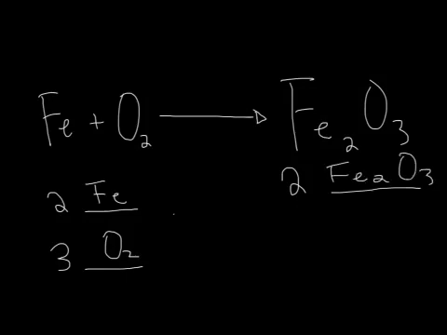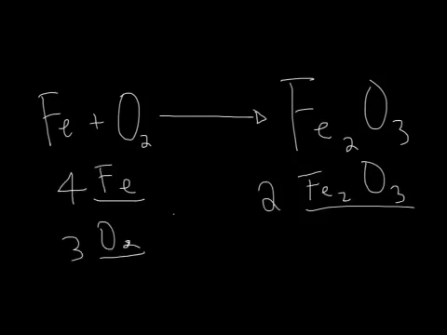Now it's not balanced yet because this gives me 4 iron, so we'll put a 4 in front of Fe and we'll get our balanced equation.